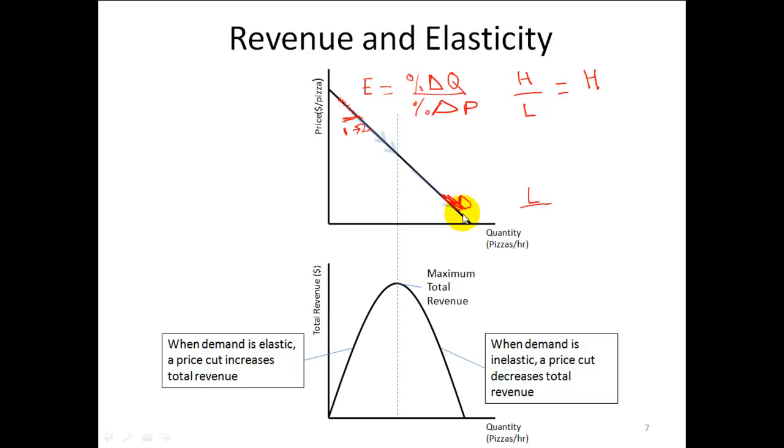In percentage terms, that's a big change in price. So the denominator is high. So overall, the elasticity is going to be a low number divided by a high number, which is a low number. So in the bottom region, we are somewhat inelastic. In the top region over here, we are elastic.